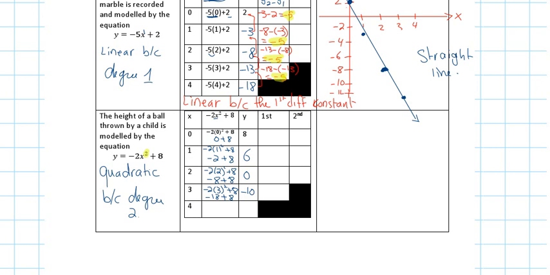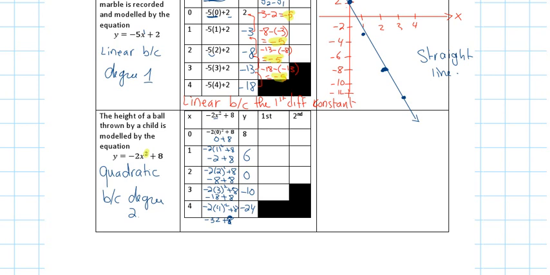And my last one is negative 2, open bracket, 4 squared, plus 8. 4 squared is 16. 16 times negative 2 is negative 32, plus 8, negative 24. Are we okay with this? All right.